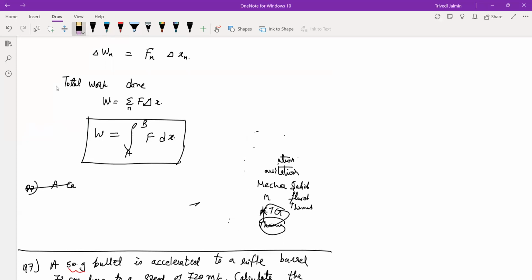Here we can integrate, as we did previously, the integration of force into displacement with limits a to b, the upper limit and lower limit.